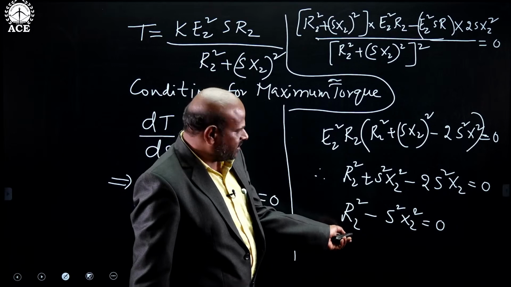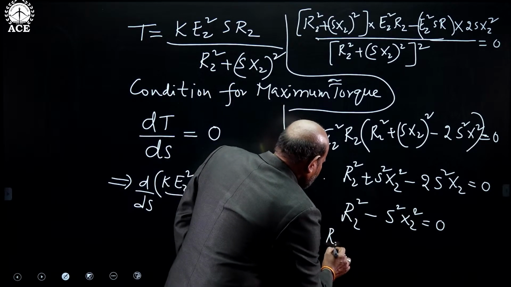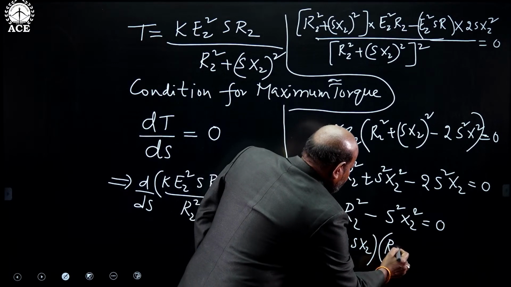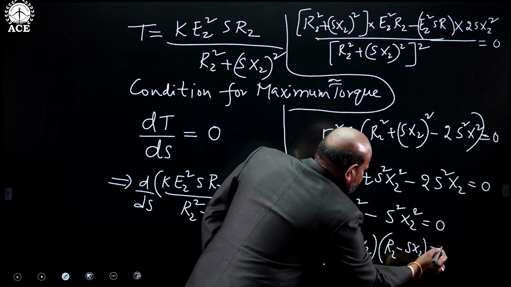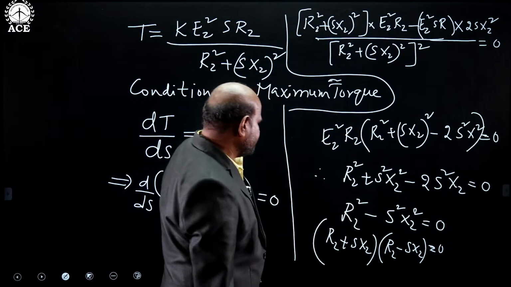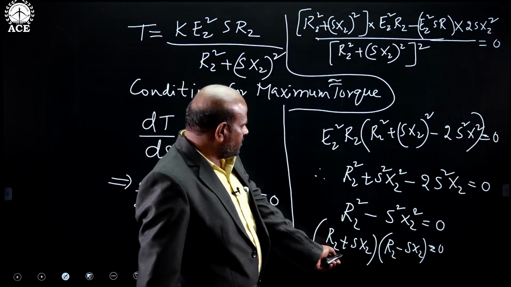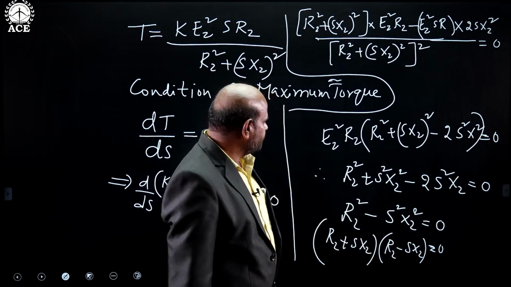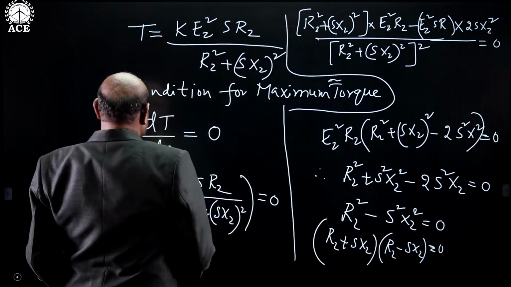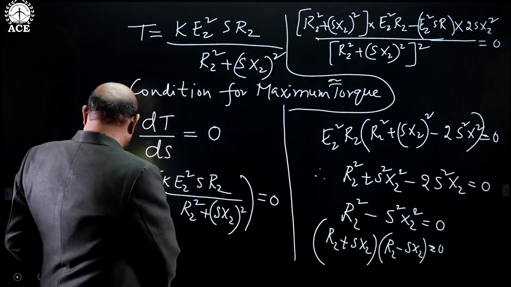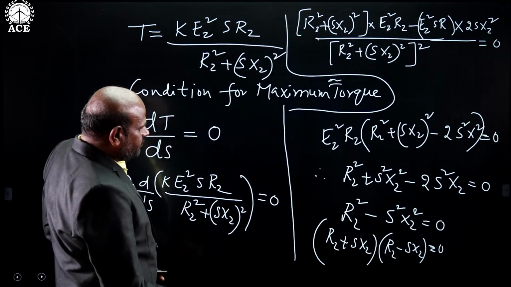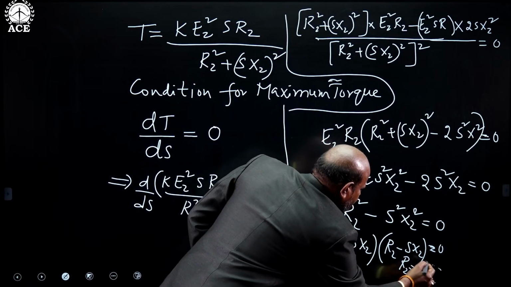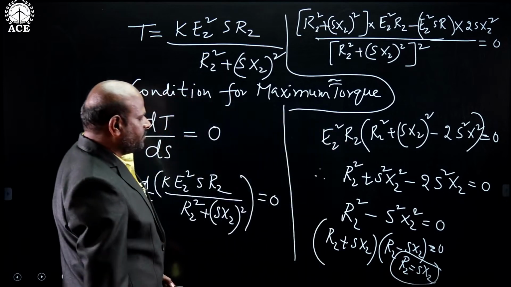So this will be in the form of A square minus B square. So (R2 plus S X2) into (R2 minus S X2) equal to 0. So therefore, R2 equal to minus S X2. The slip cannot be negative. So R2 equal to S X2. So finally we get R2 equal to S X2.